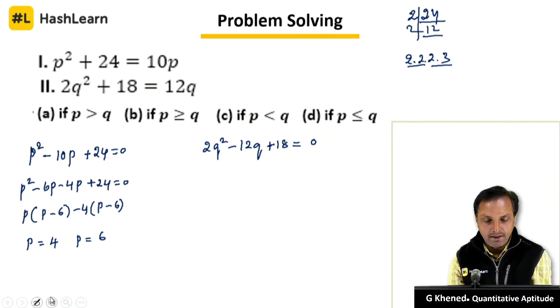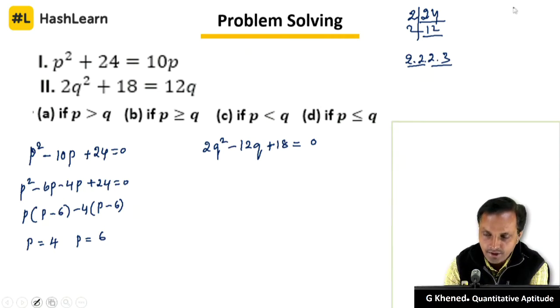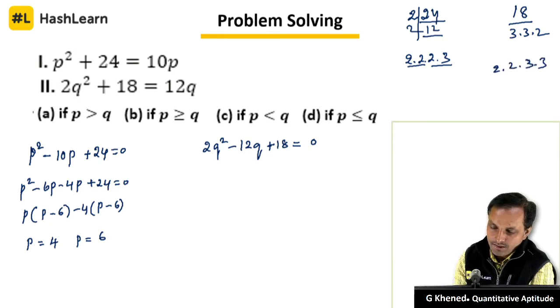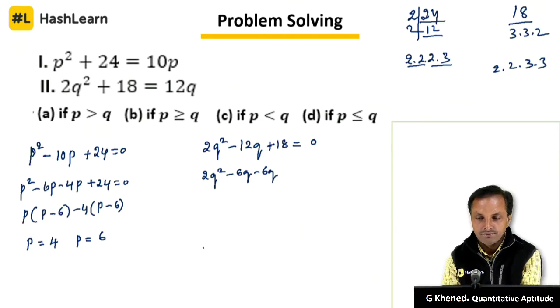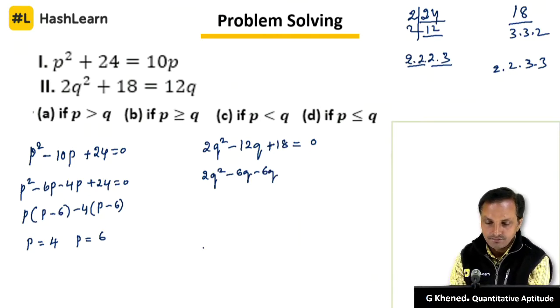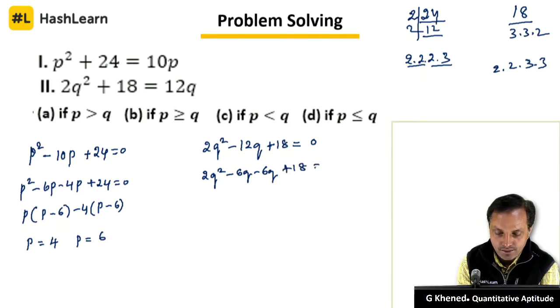Similarly, if you want to get the value of q here, the factors for 18 are 3, 9 into 2, and that is again 2 into 2 into 3 into 3. So 6 and 6, so 2q square minus 6q will give you minus 12q plus 18 is equal to 0.